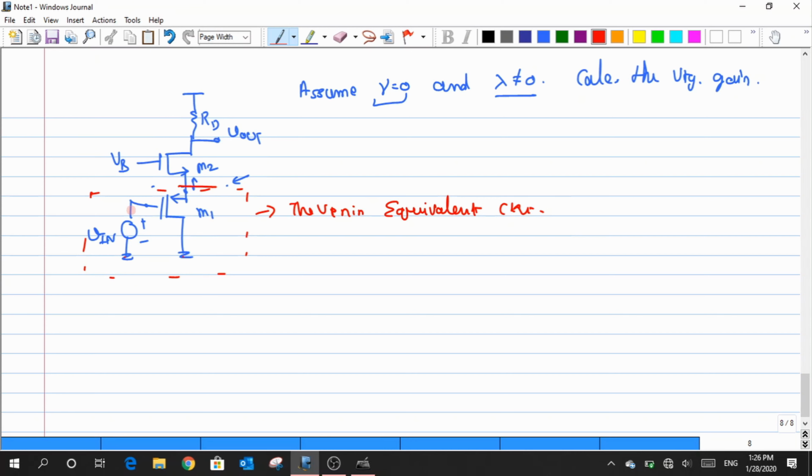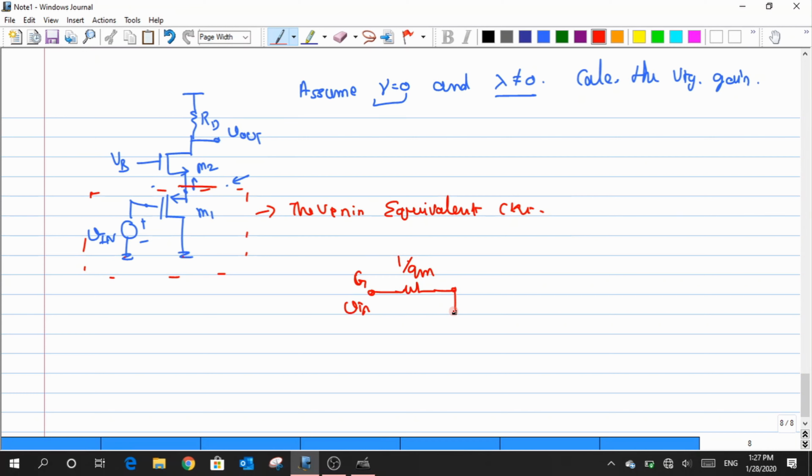Where is the output of my common drain? It is across the source terminal. So that source terminal possesses an impedance whose value is 1 by GM, 1 by GMB in parallel with R naught. We know how all of these three resistances are connected to each other, right? So I apply those. I know that my V in is at the gate, and there is a resistance between this G and the source, and the value of this resistance is 1 by Gm.